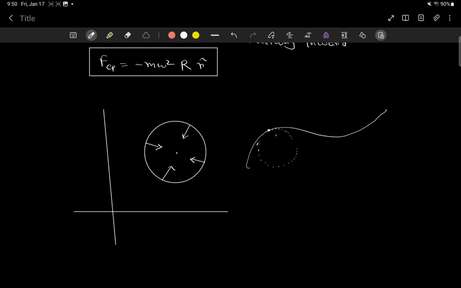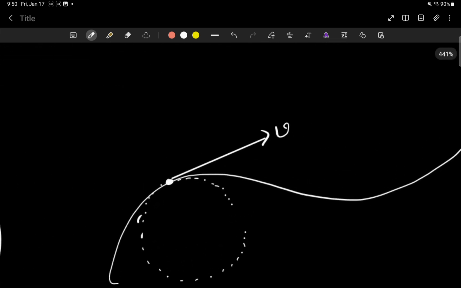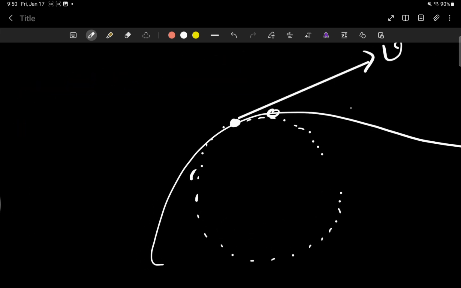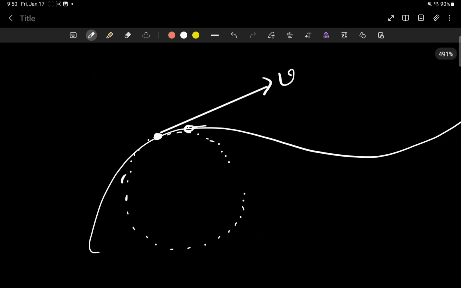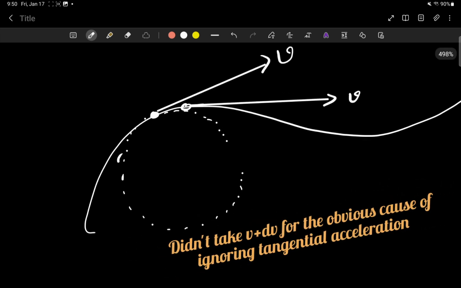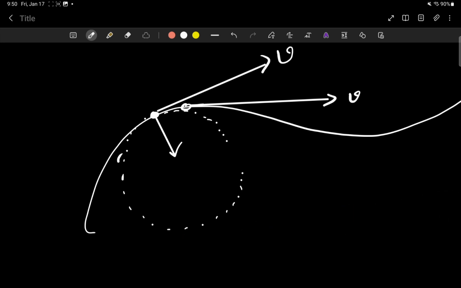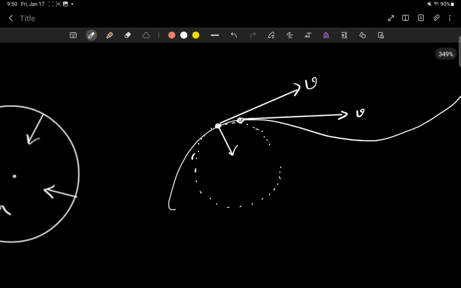If you approximate a circle here, then the velocity will be v. For it to maintain the curve, it has to change the direction. So to change the direction of the velocity, you need a force, a centripetal force, directed towards the center.